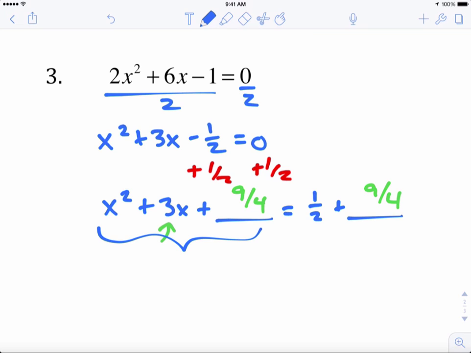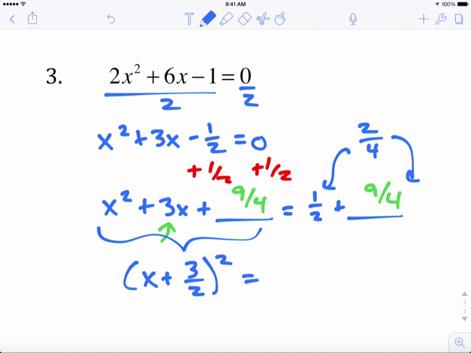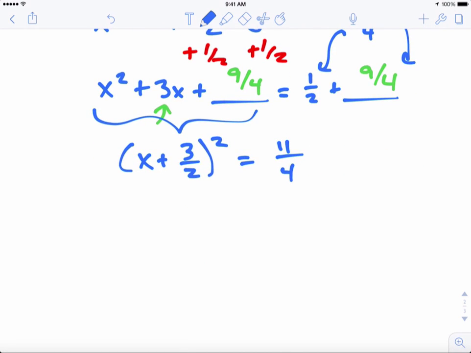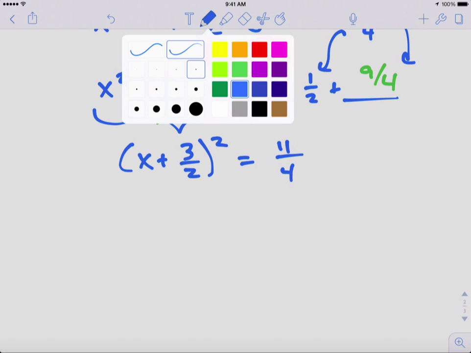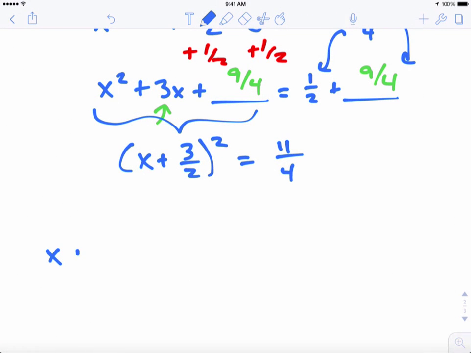The left-hand side of this equation is x plus 3/2 quantity squared. The right-hand side of this equation, I'm going to write this as, let's see, instead of 1/2, I'm going to write it as 2/4. So this is going to be 11/4. All right, so now we're going to take the square root of both sides of the equation. X plus 3/2 equals the square root of 11/4.